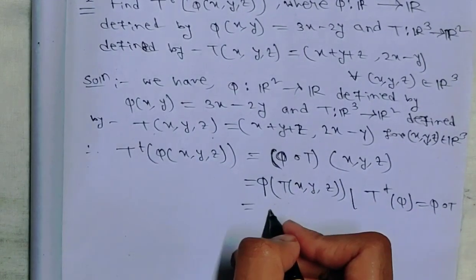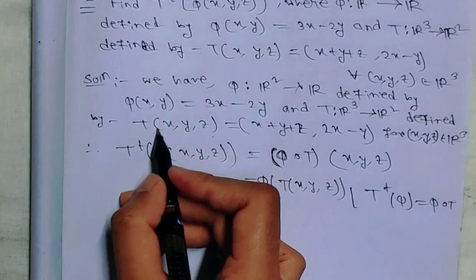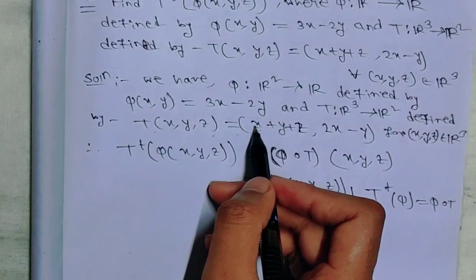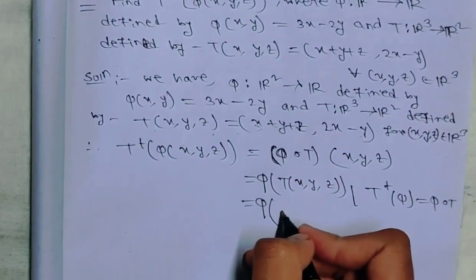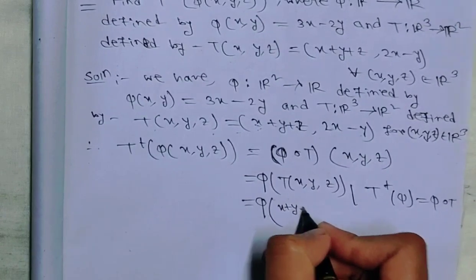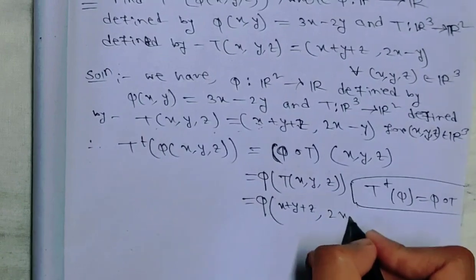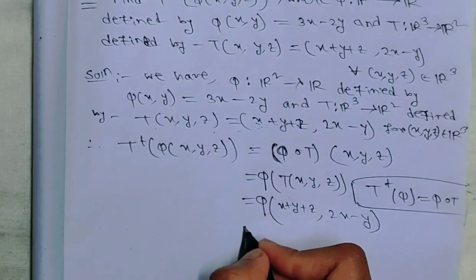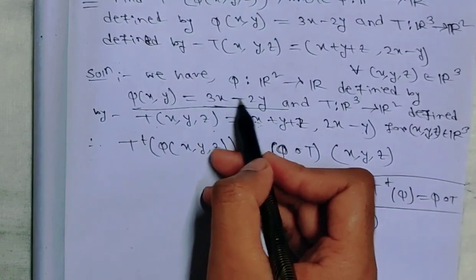That equals phi of, now what is T of x, y, z? T of x, y, z equals x plus y plus z, comma 2x minus y. So phi of x plus y plus z, comma 2x minus y. Now phi of x, y equals 3x minus 2y. So here in place of x we have x plus y plus z, and in place of y we have 2x minus y.